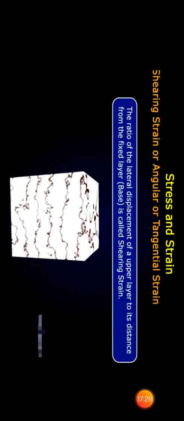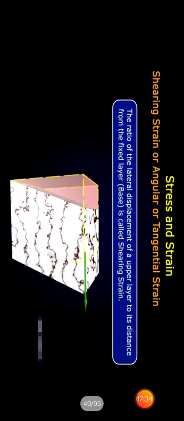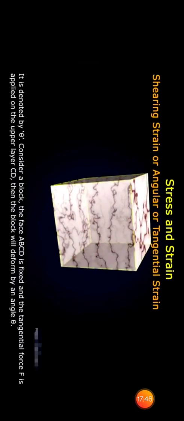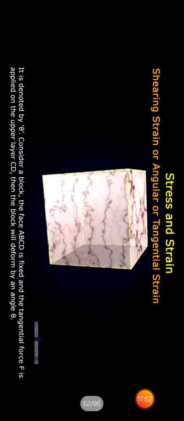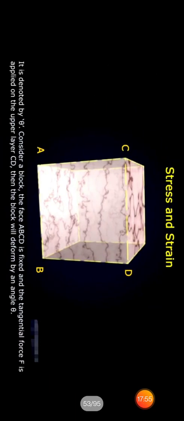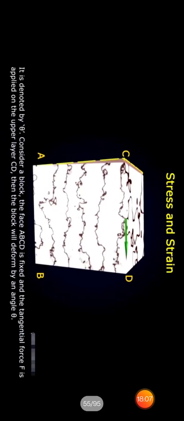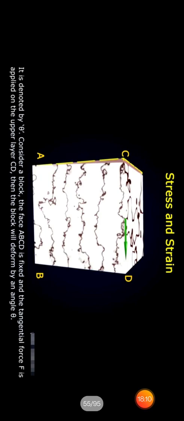The ratio of lateral displacement of the upper layer to its distance from the fixed layer, that is the base, is called shearing strain. It is denoted by theta. Consider a block in which the face ABCD is fixed and the tangential force F is applied on the upper layer CD.